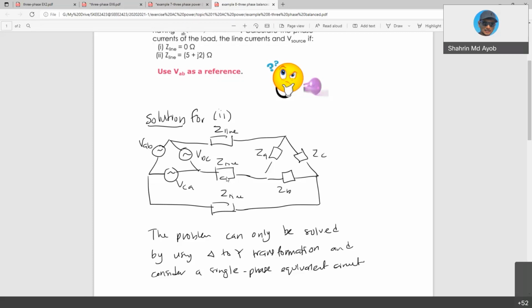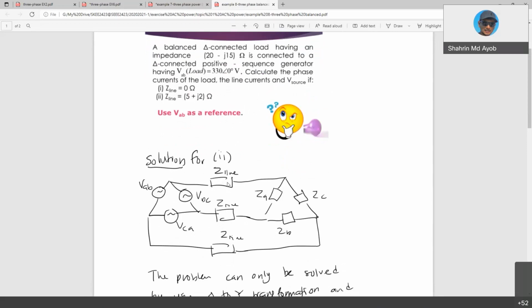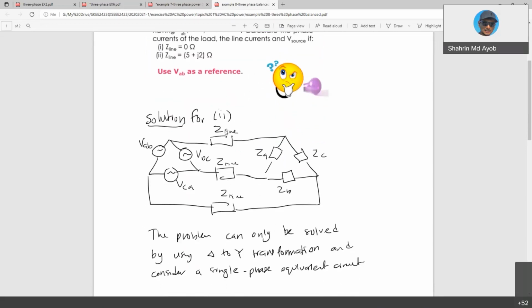So as you can see, in this example 8, you set Z line equal to 0. So when Z line is equal to 0, the solution is similar to what we have discussed.